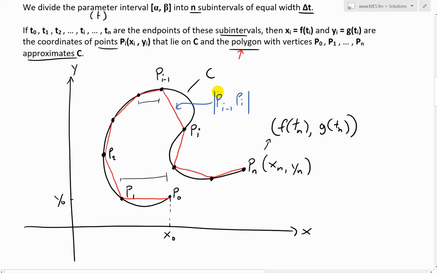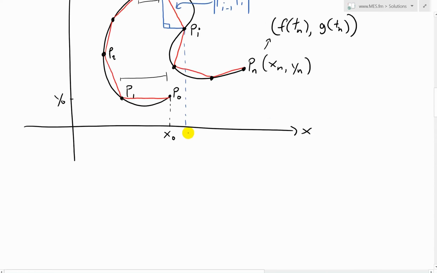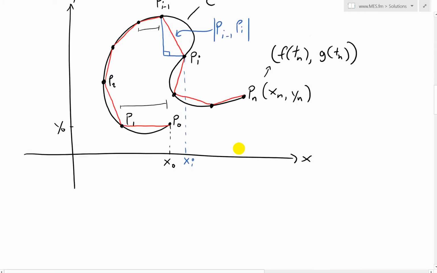And we can determine this using the Pythagorean theorem. Draw a right angle triangle like that. At this point the x coordinate is x_i, all the way across here, and this one is x_{i-1}.